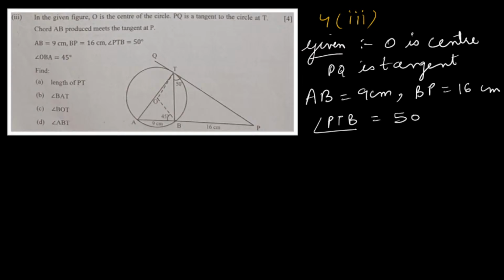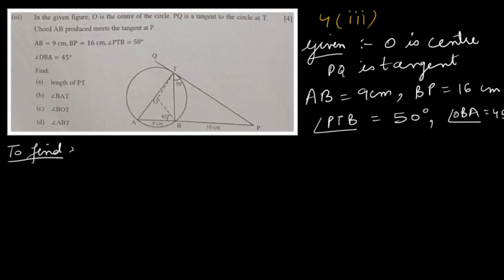The other given things: AB is equal to 9 centimeter, BP is equal to 16 centimeter, and angle PTB is equal to 50 degrees. Angle OBA is also given to us, OBA is equal to 45 degrees. So all the given things I have written. Now what we have to find? We have to find these things. So there you make a column of to find.